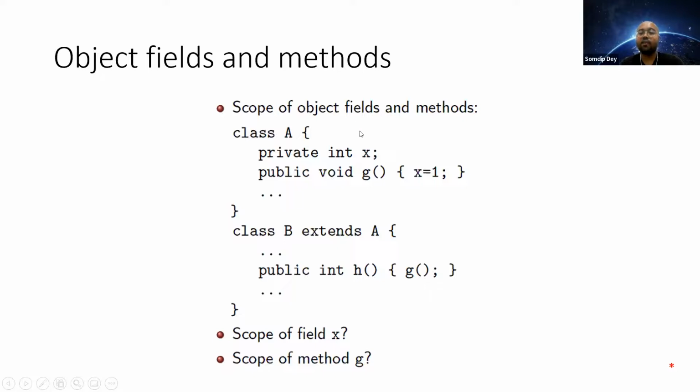Now, given this example of two classes where one is inheriting the other, what do you think the scope of the field X is, and what is the scope of the method G? Can someone specify that in the chat? Given the example in front of you, what do you think is the scope of the field or variable X, and what is the scope of the method G given the two classes?